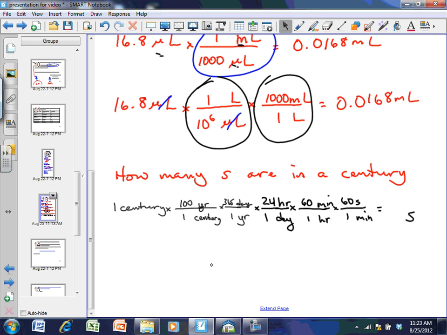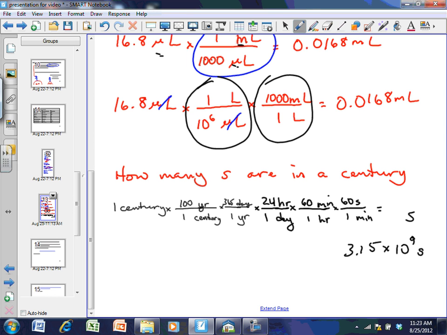I'm typing this in as we're speaking. I'm getting 3.15 times 10 to the 9 seconds. It's a lot of seconds. 3.15 times 10 to the 9 seconds.